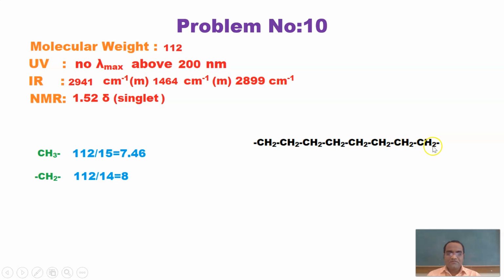This CH2 and this CH2 should join, and for that purpose I will make the structure cyclic, so it becomes cyclooctane, 8 carbons. This is an alkane, and that is why it does not have a UV absorption above 200, because it does not have a double bond or any type of chromophore. And now the molecular weight also exactly fits, and the structure is cyclooctane.